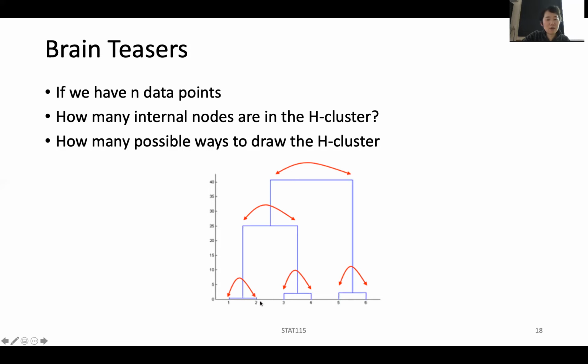And initially, if you merge gene 1 and 2 into one cluster, you can choose to draw the 1 and 2 this way or this way. That's 2 ways. And then say next time you merge gene 3 and 4, you can draw it this way or that way. And another one, you merge 5 and 6, you can draw it this way and that way. And then next time when you have this, you can move them this way or that way, right? So the total possibility is 2 to the n-1 power, a crazy number of ways you can draw this hierarchical clustering tree.